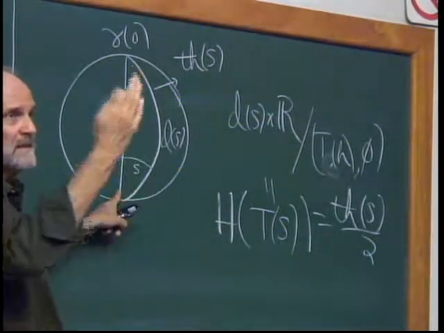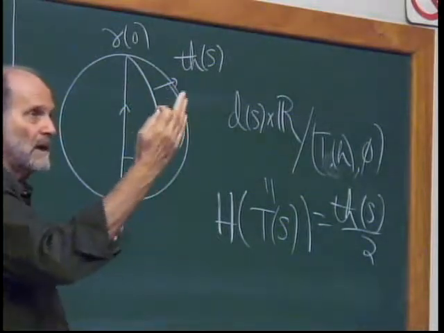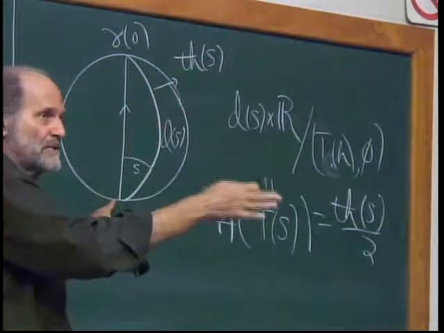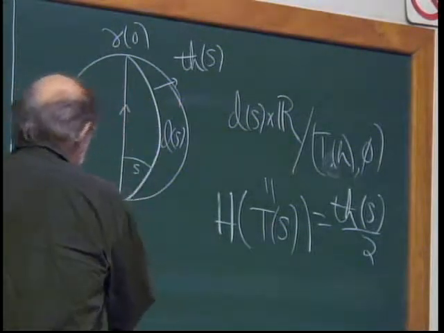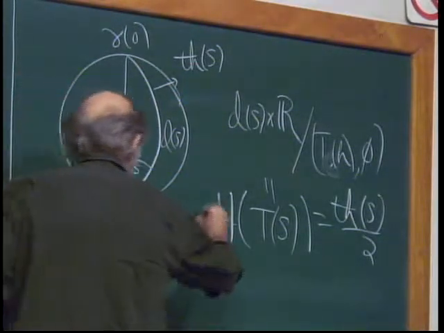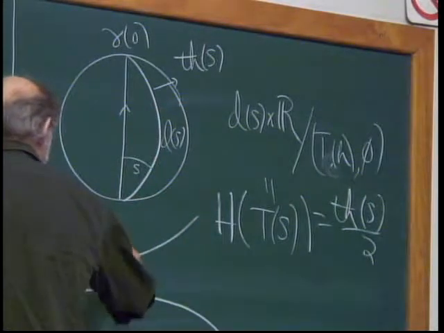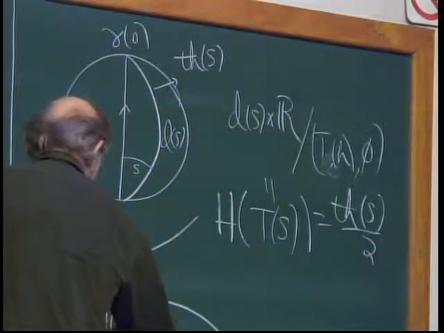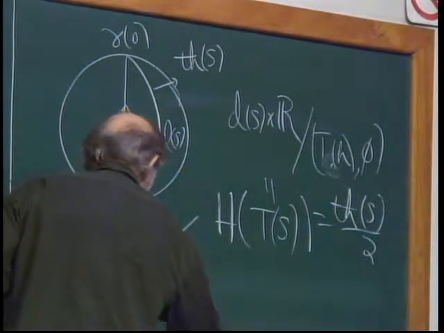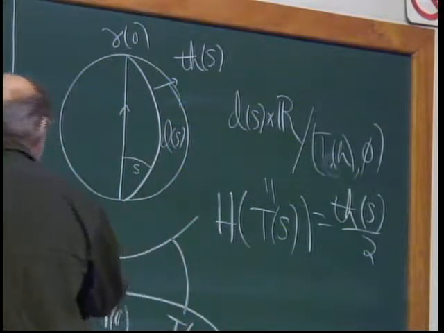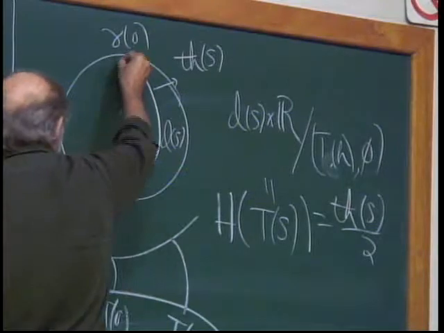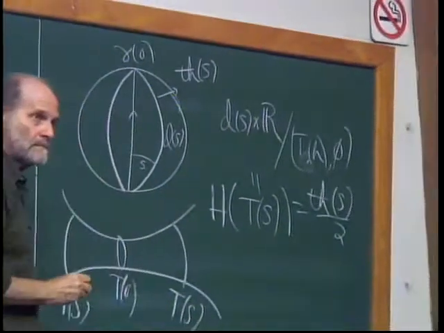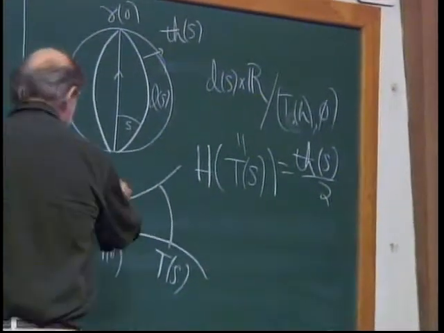It's totally geodesic. It's this gamma 0 cross R, quotient by the vertical translation and the translation phi. So this quotient space looks metrically like this. This is T of 0. This is T of S. On the other side, we have T of S2. This is S here also.